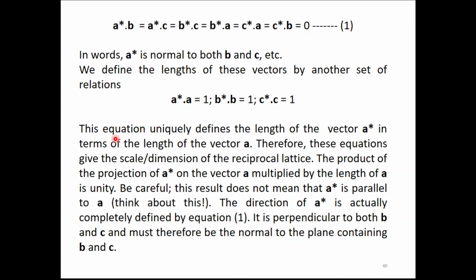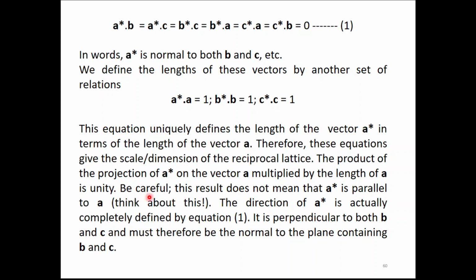So let's read this text. This equation uniquely defines the length of the vector a* in terms of the length of the vector a. Therefore, these equations give the scale or dimension of the reciprocal lattice. So the product of the projection of a* on the vector a multiplied by the length of a is unity.